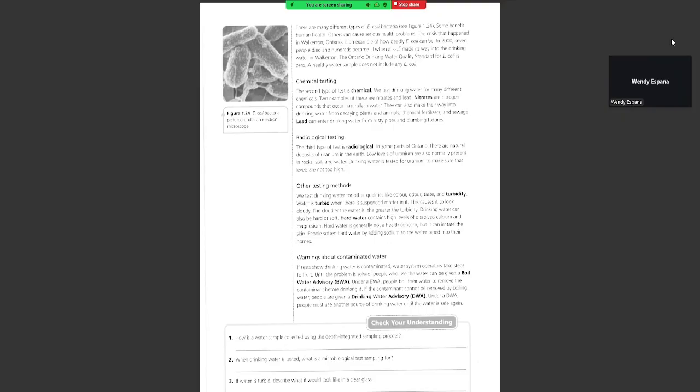So now we're going to look at the second group that gets tested, the second type of testing, and that's chemical testing. So, two chemicals that you do not want in your drinking water are nitrates and lead. Okay, nitrates are naturally found in water.